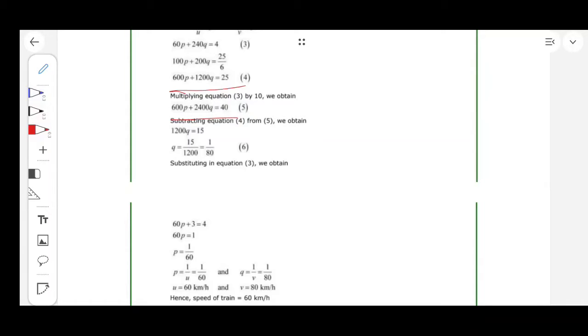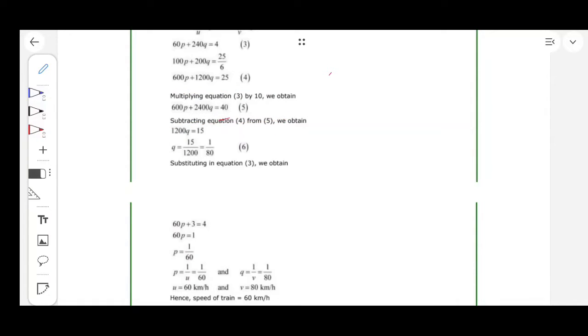Now we will solve these equations. We are going to subtract equation 4 from equation 5. Let's see the process. If we subtract, we change the signs, so we introduce negative here, again negative here, and again negative here.